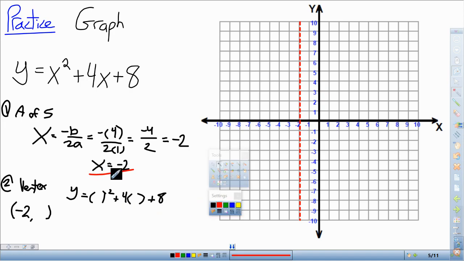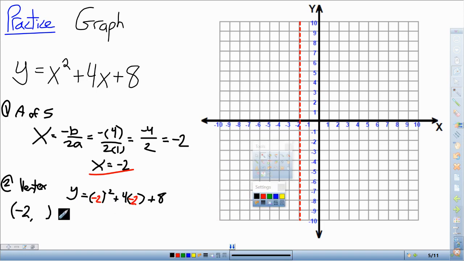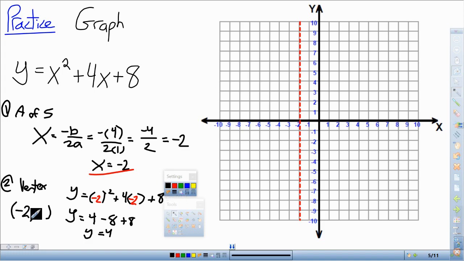I just kind of like it because it shows, okay, now I'm plugging in my x value. I think it's a little easier to understand when you're teaching it. Okay, so let's see, negative 2 squared is 4. 4 times negative 2 is negative 8, plus 8. All right, 4 minus 8 plus 8 comes out so that y equals 4. All right, so there it is.